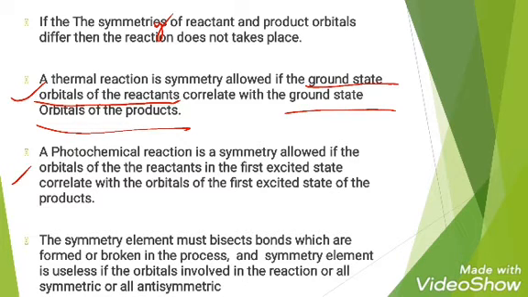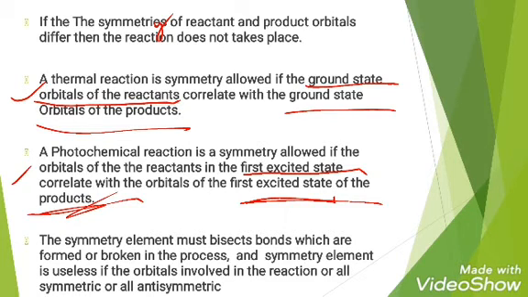Next, a photochemical reaction is symmetry allowed if the orbitals of the reactants in the first excited state correlate with the orbitals of the first excited state of products. This is the major point for the correlation diagram.